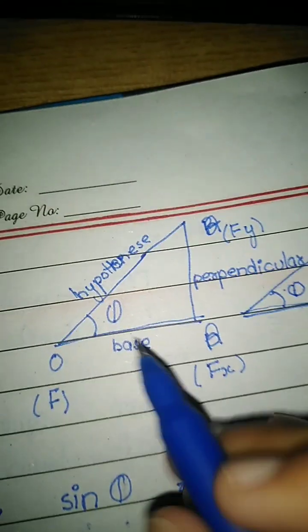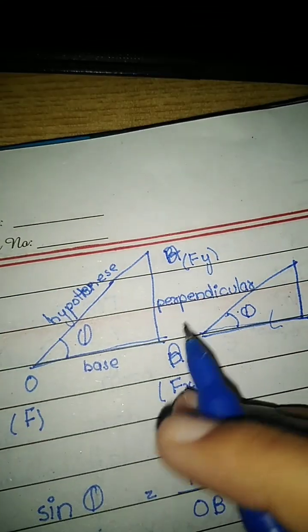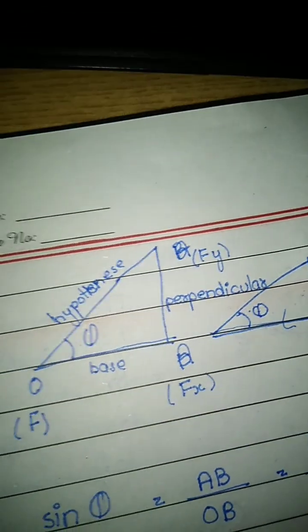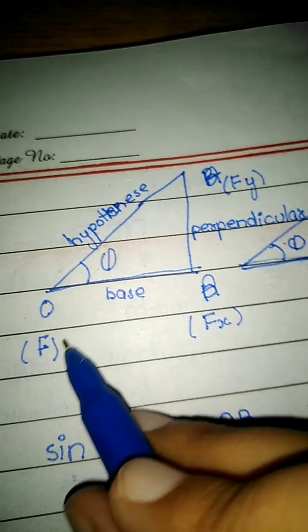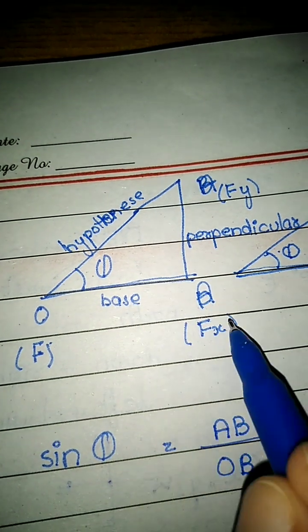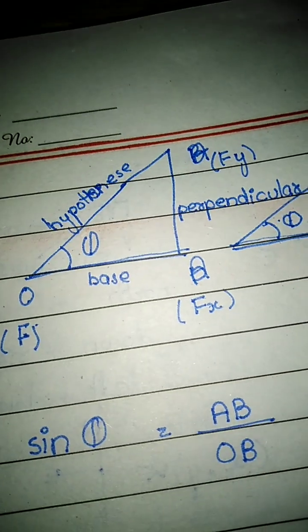This makes an angle called theta. Let's recognize that this is O, this is B, and this is A. Here F represents the hypotenuse, Fx represents the base, and Fy represents the perpendicular.